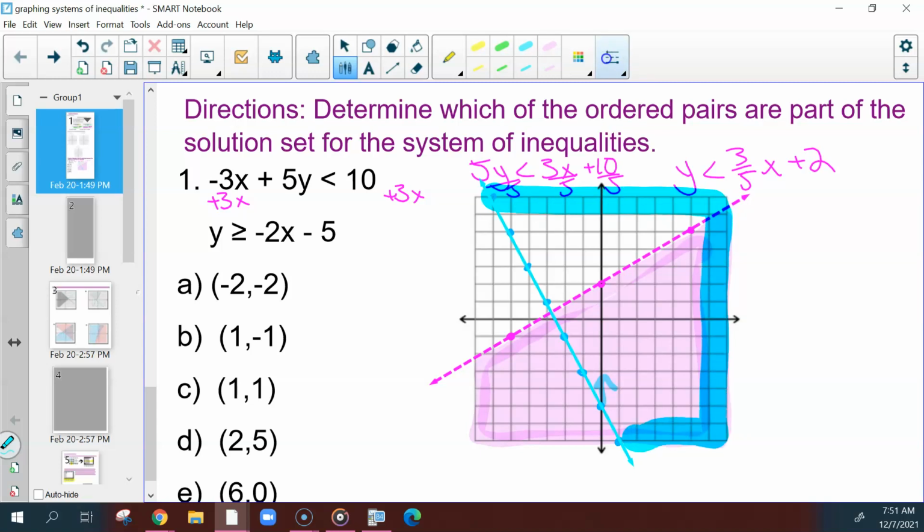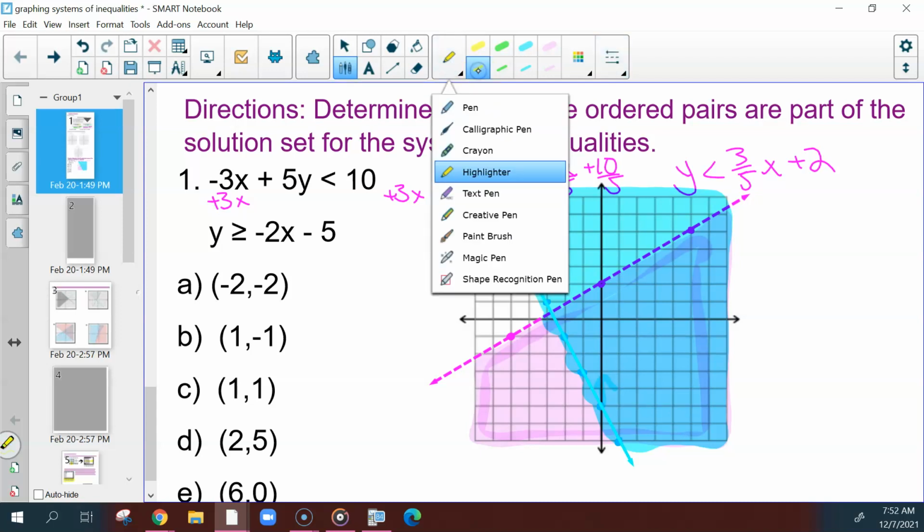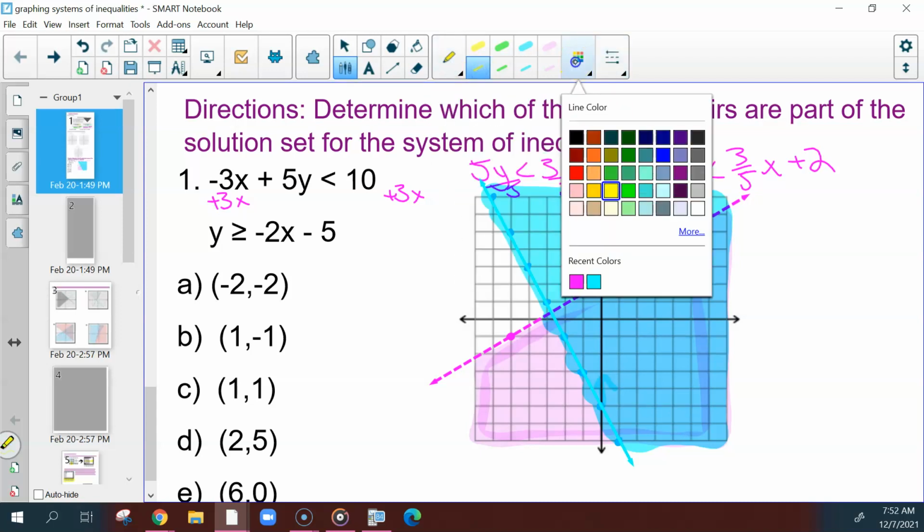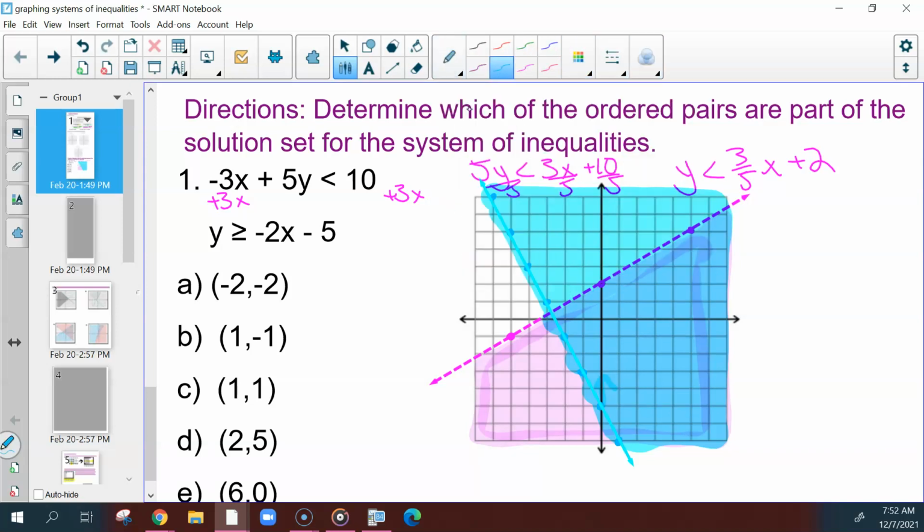So when you draw your second shading, you're going to see that some of this overlaps. The part in which they overlap is your actual solution area for the system of inequalities. So when you're looking for answers that work, let's outline this again.